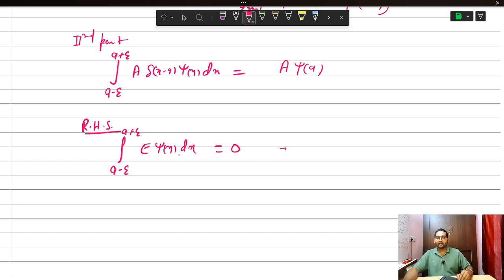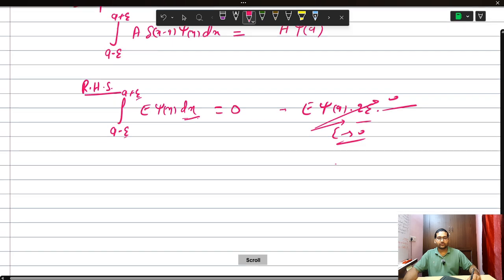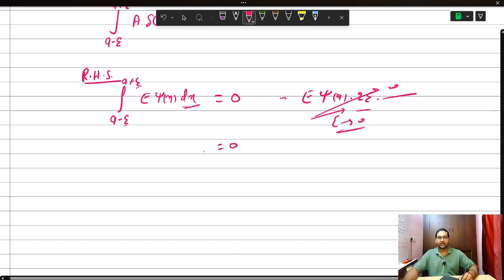As we integrate, dx gives us the separation, which is 2 epsilon. So it will give us E psi(a) into twice epsilon, and as epsilon tends to 0, this whole part will become 0. So this will give us directly 0.